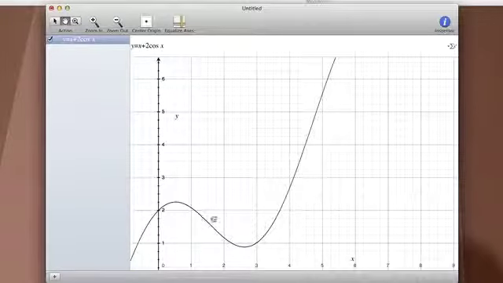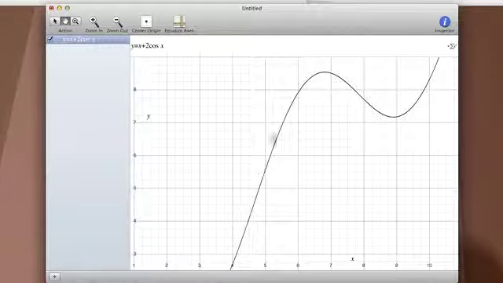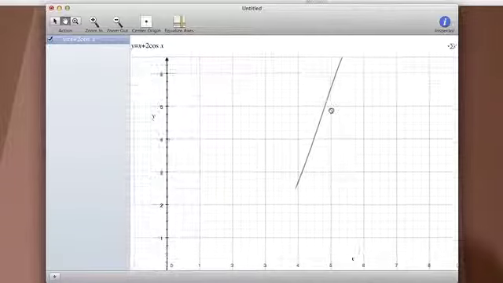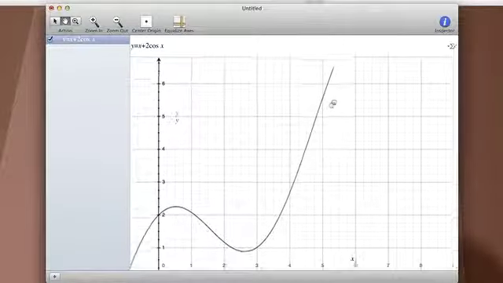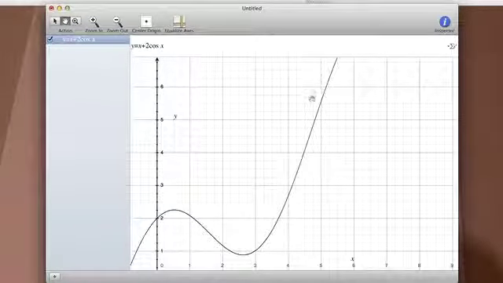I see the concavity is going to change right about here, which is at pi over 2. It's kind of hard to see on this longer upswing, but you can see right about here that the concavity changes from concave up, and then it's going to be concave down for this hump right here. So it's somewhere right about in here for 3 pi over 2.